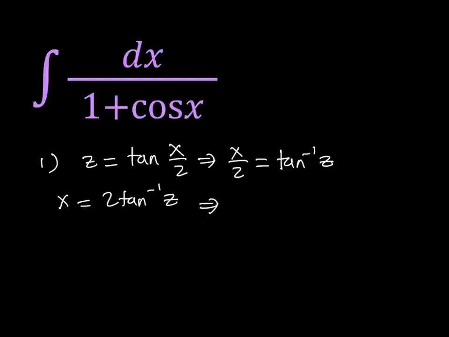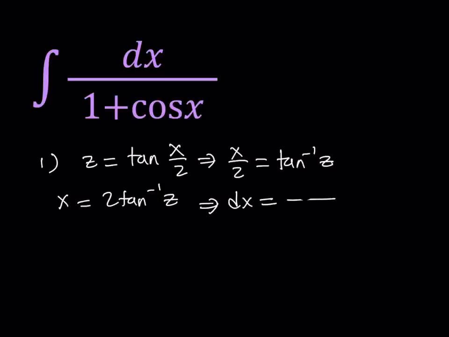As you know, dx is found from x by taking the derivative and then multiplying by d whatever. So in this case, to find dx, I'm going to differentiate tan inverse of z and multiply by 2, of course. So that's going to give me the following. The derivative of tan inverse is 1 over 1 plus z squared, but I have to multiply it by dz, and let's not forget the 2 here.